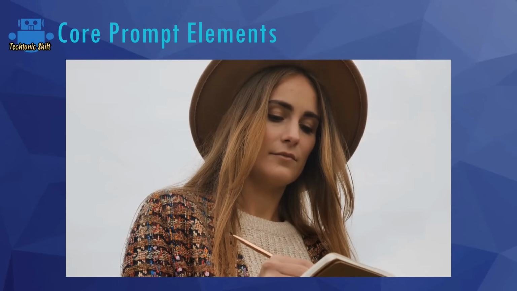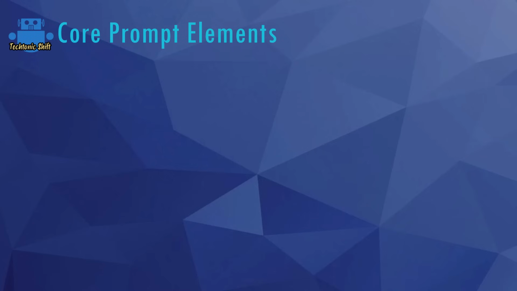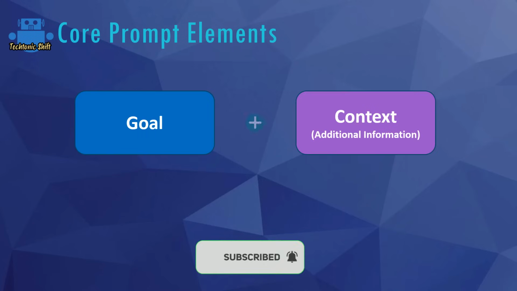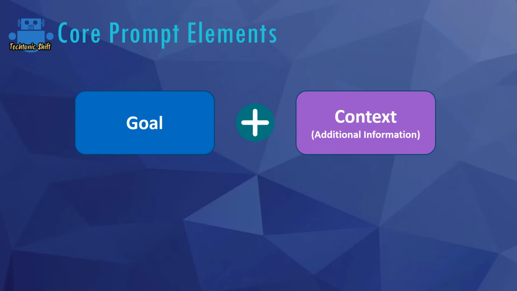So, how do you write good prompts? How do you create good ChatGPT prompts? Well, in the end, every good prompt consists of two main elements, and that would be the goal of your prompt, and some additional context, some additional information, that helps ChatGPT produce a better result, better output for the prompt you specified, for the goal you specified with your prompt.